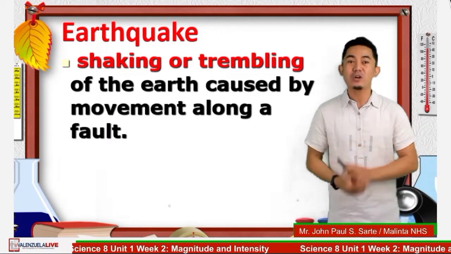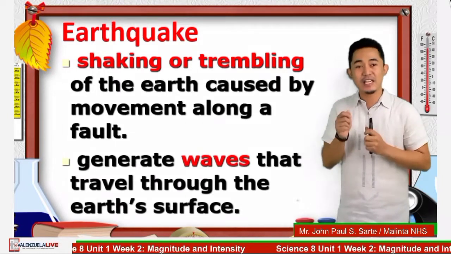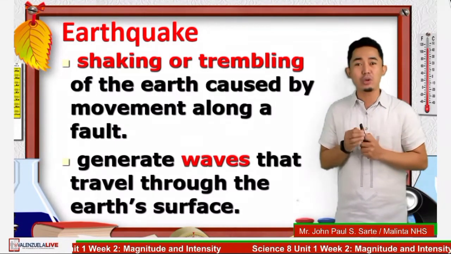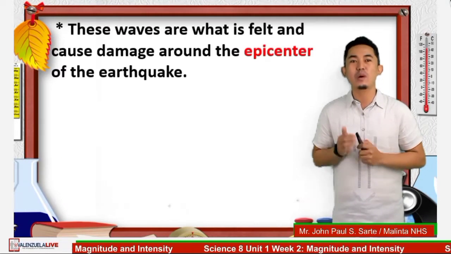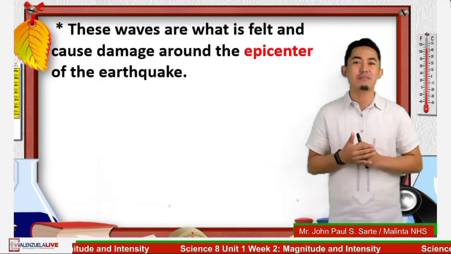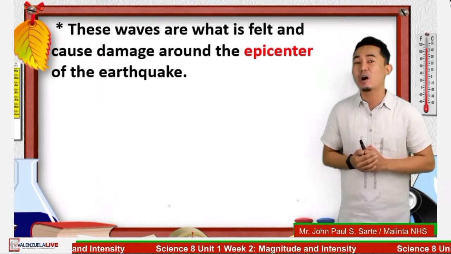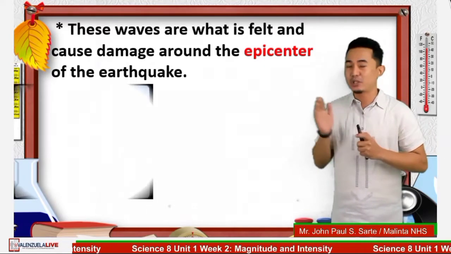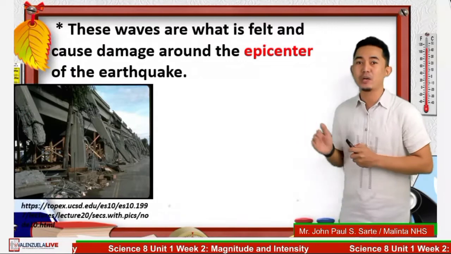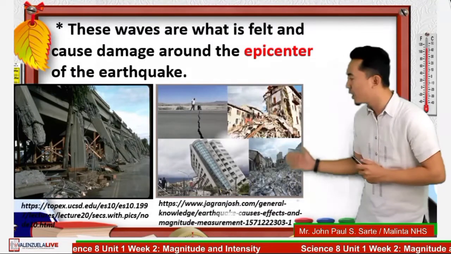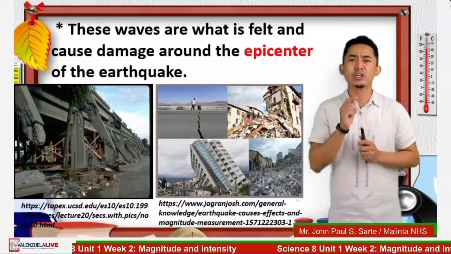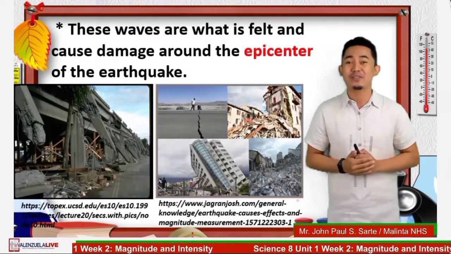It also generates waves that travel through the Earth's surface. And these waves are what is felt and cause damage around the epicenter of the earthquake. As you can see on the picture that I've shown on the screen, these pictures are the results of an earthquake. And it could be during or after.